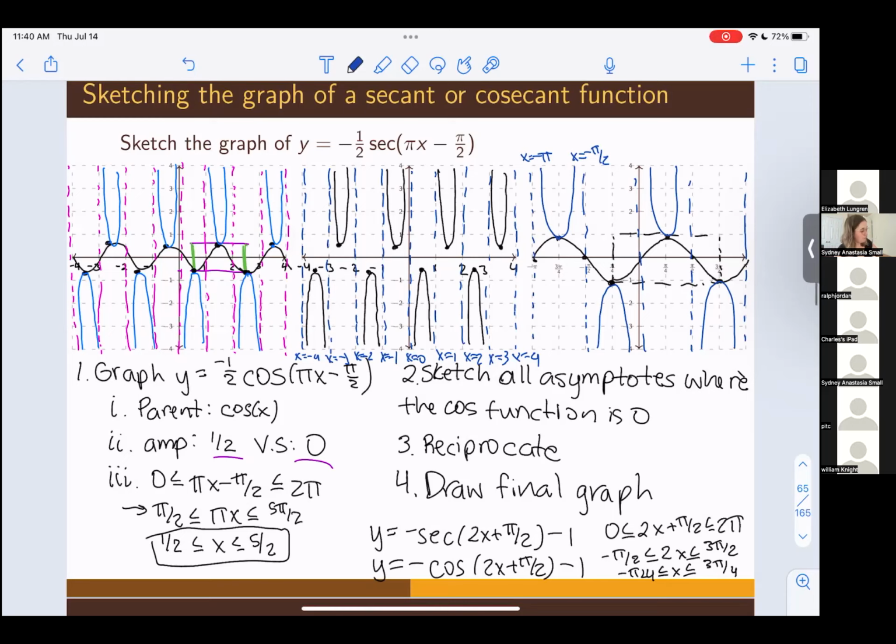If it's at a local maximum like this, the U will go upwards. And if it's at a local minimum like that one down here, the U will go downwards. The range extends from negative infinity to infinity, and the domain is also negative infinity to infinity, but just without those asymptotes. Does that kind of make more sense?